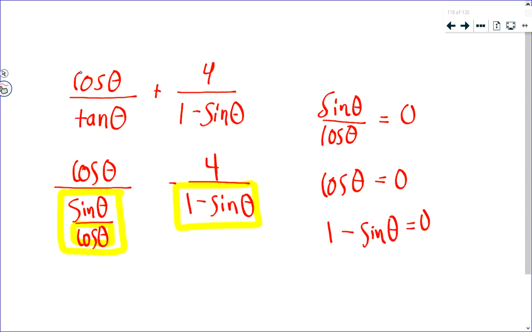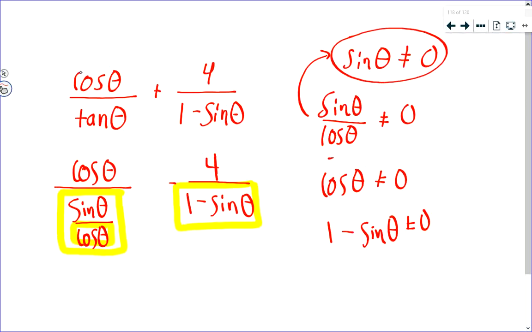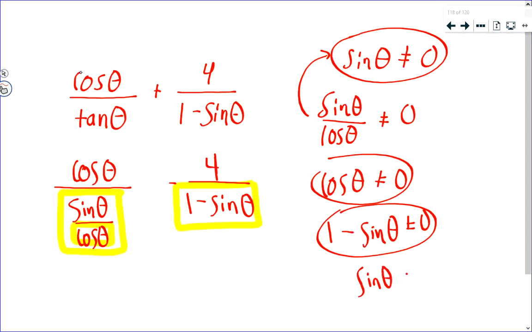This first statement, I can multiply both sides by cos theta and get sine of theta is not allowed to be 0. And I forgot to put not allowed to in all of these, so let me do that. And what some of you on the exam did is you stopped here, here, and here. You may have even said sine of theta here is not allowed to be 1.